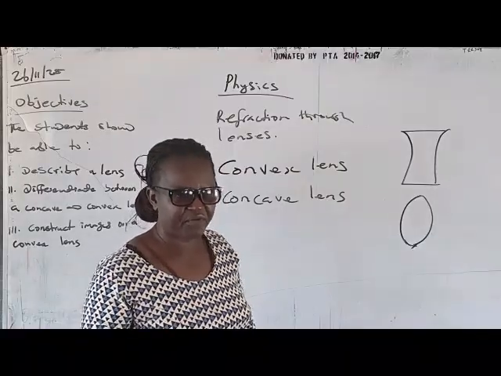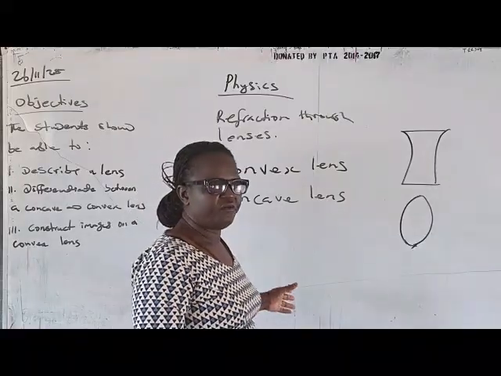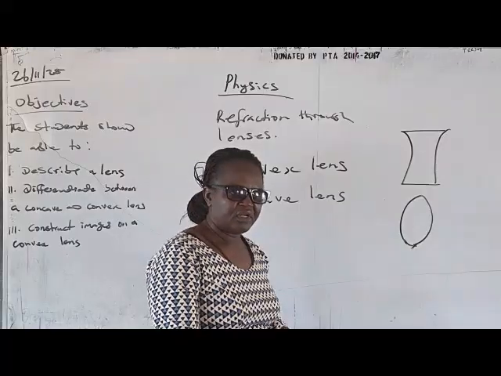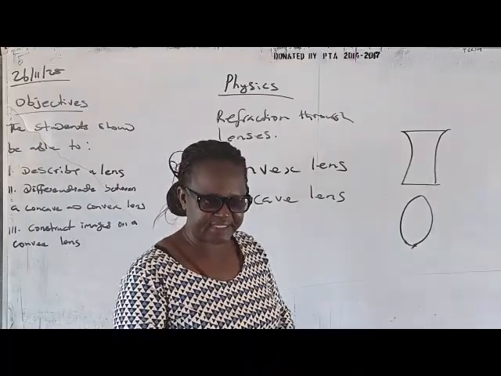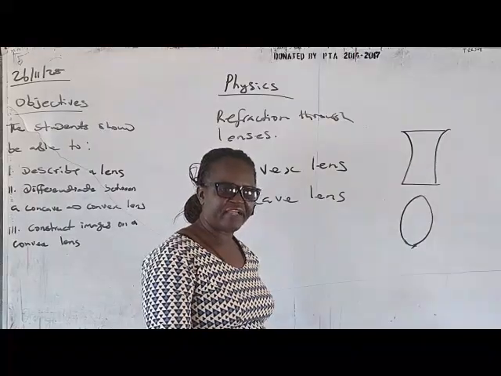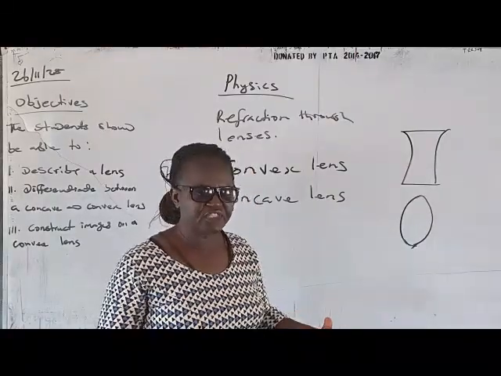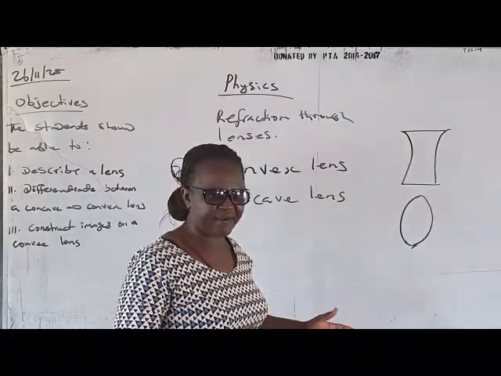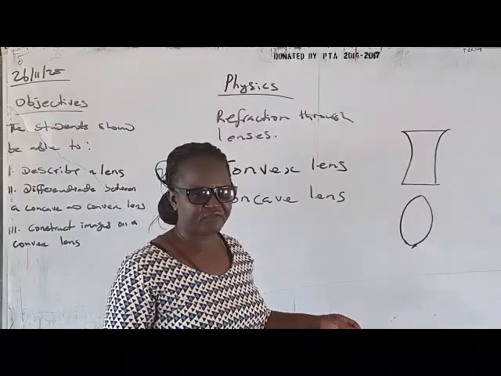Recall what we did for mirrors. For a concave mirror, depending on the position of the object, you have different positions of the image. For a convex mirror, for each position of the object, you have the same characteristics of the image formed.